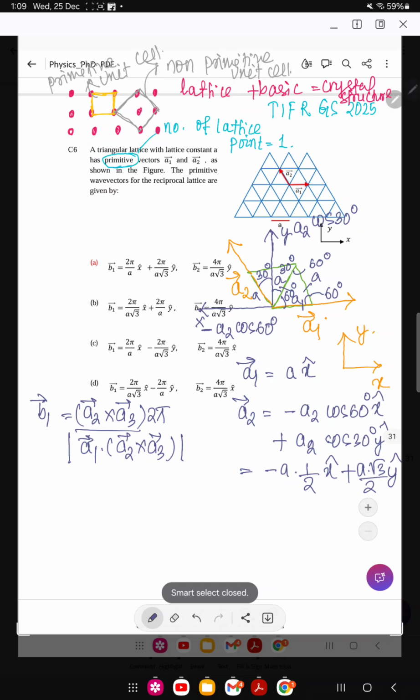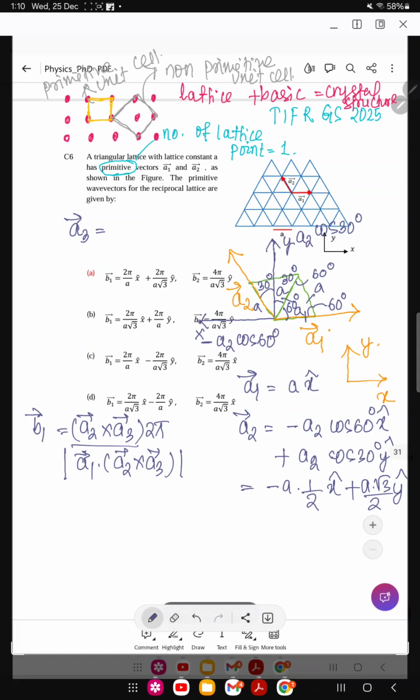You can see that another vector a3 is coming. It is not defined in the question what the a3 primitive vector is. a3 will definitely be perpendicular to the x and y axes, so it will be along the z direction, z cap.